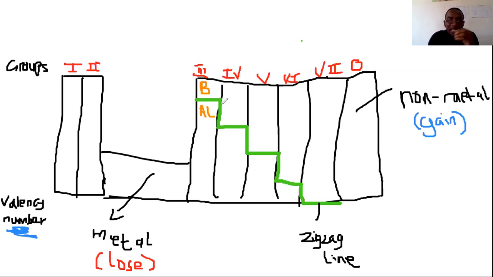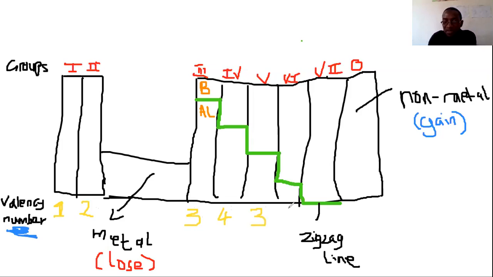For group 1, all the elements found in group 1, their valency number is 1. Group 2, the valency number is 2. Group 3, the valency number is 3. Group 4, the valency number is 4. Group 5, the valency number is 3.